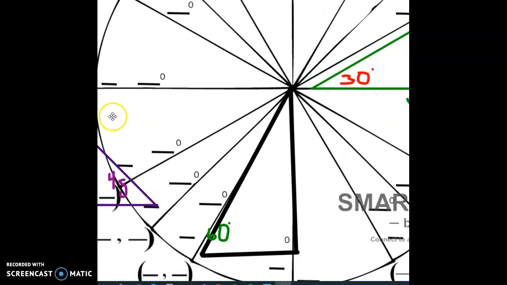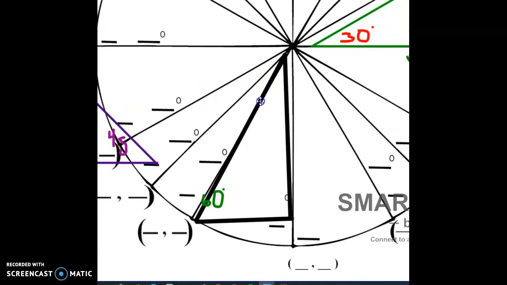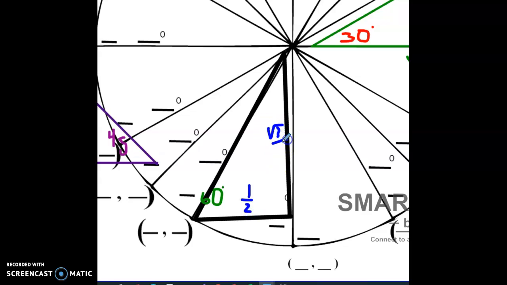With the way that that's oriented, it's going to fit right there, pretty close. So if you remember the 60, 30 triangle, this is the short side, so it is 1/2, and this is the long side, so it's square root of 3 over 2. So in the x direction, we're going negative 1/2, so this value right here would be negative 1/2, and then we're going down square root of 3 over 2.